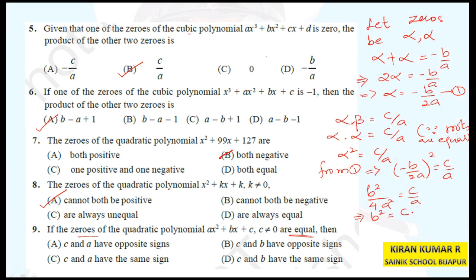It will be c times 4a square divided by a. The reason is a is not equal to 0, we can cancel, because we know the standard form of polynomial: the coefficient of x square cannot be 0. So b square we get as 4ac.